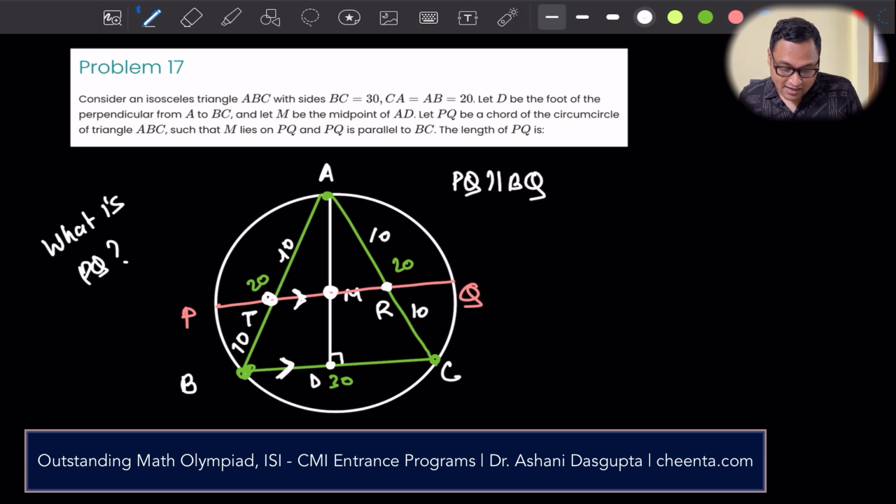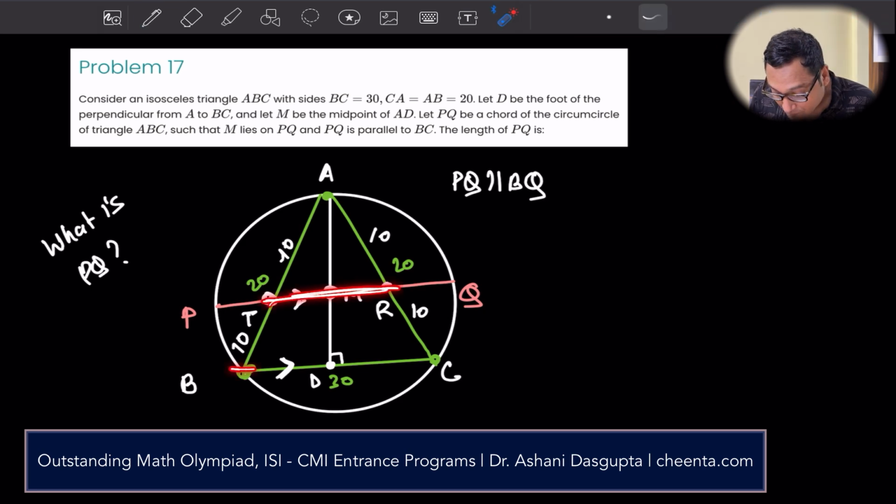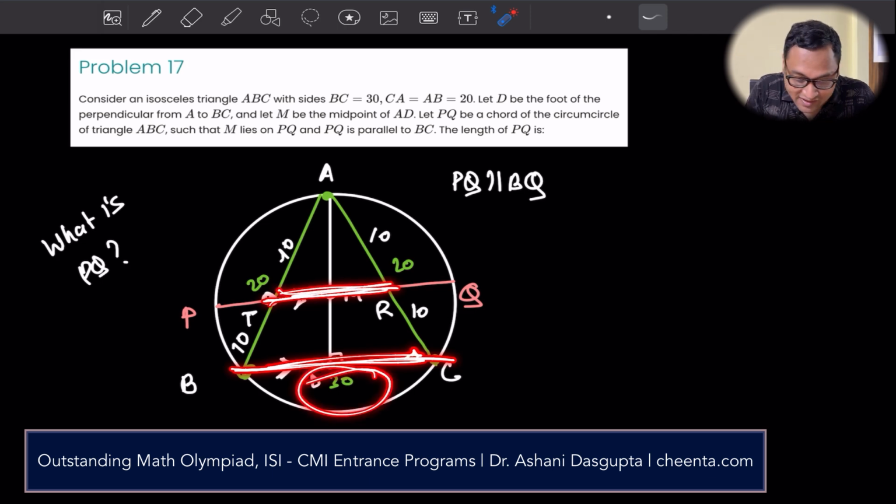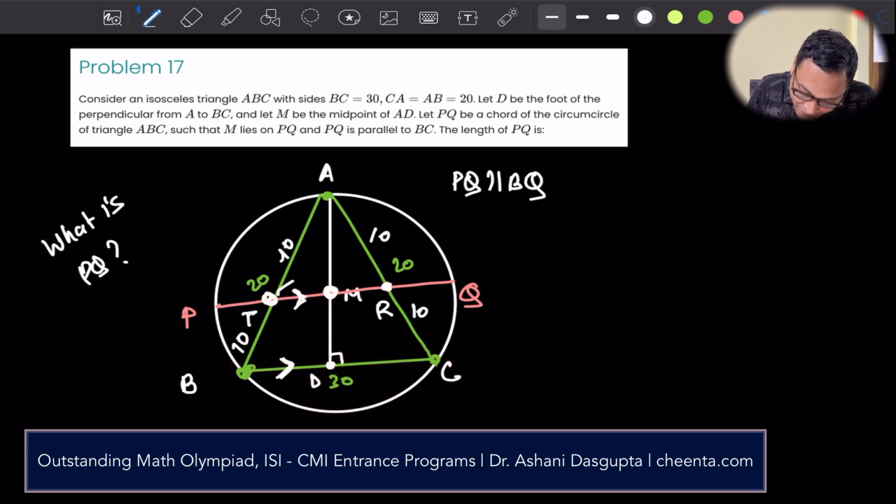Moreover, this length TR is half of the base. So this is 30, so this is 15. Suppose RQ is x, and PT is also x.